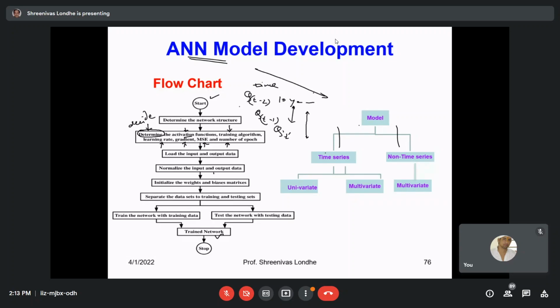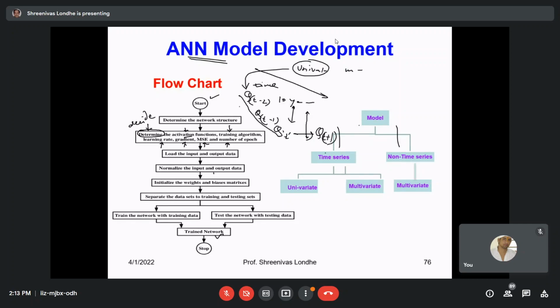Generally in time series, there are two concepts: univariate model and multivariate model. Univariate model means what you are observing right now: Qt minus 2, Qt minus 1, and Qt. Only one parameter is used, discharge or stream flow, and its values, today's value, yesterday's value, the day before yesterday's value. Likewise, past measured values we will use to forecast the discharge one day ahead, that is Qt plus 1.